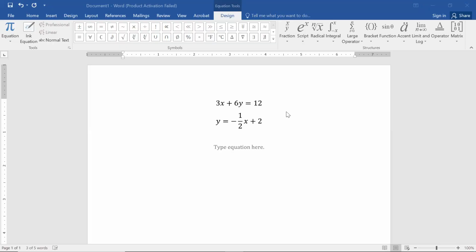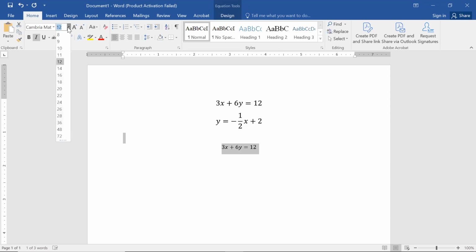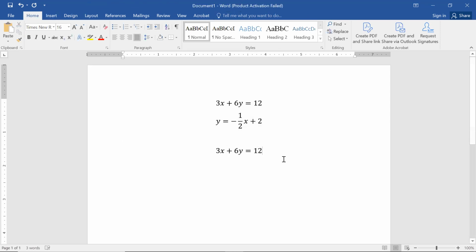Let's go ahead and do that. 3x plus 6y equals 12. That's the equation I'm using. A little bit bigger print.